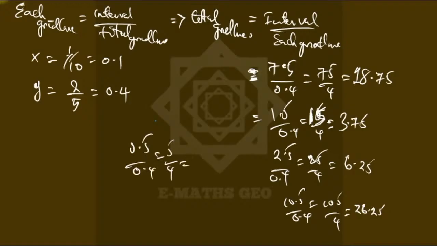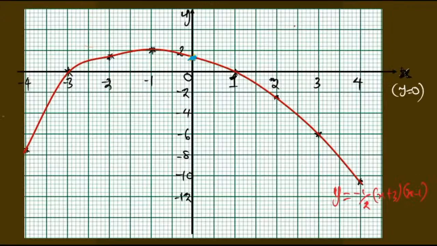So the second point: when x is minus 2, y is 0.5, so it should be here.